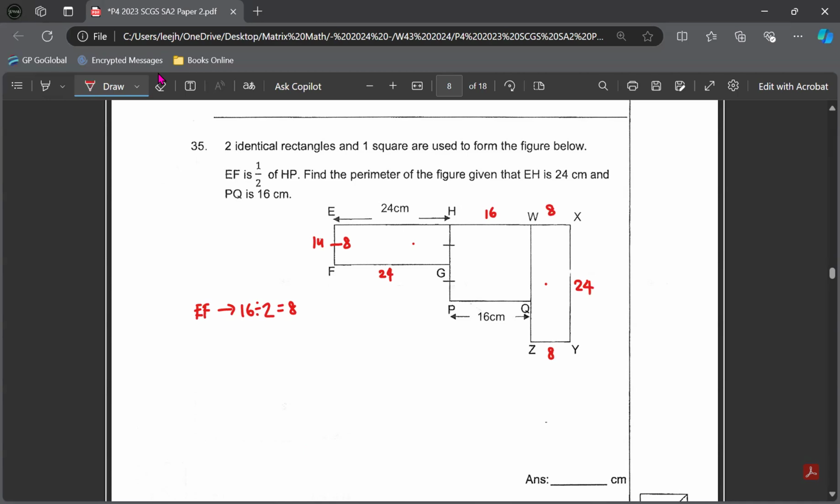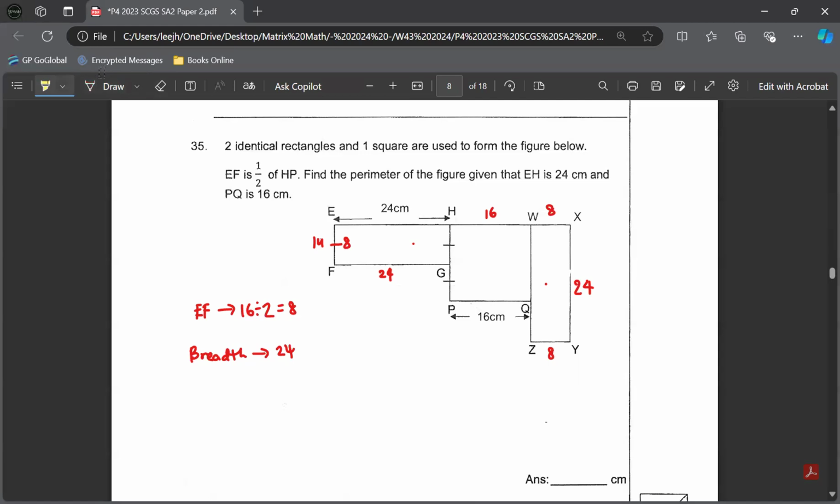This is also 8. Okay, so I want to find out the perimeter. You know this one, you can use push-out perimeter. I can find the length and breadth. The breadth we already know is 24. Then this is the breadth, right? I think I use highlighter better. Yeah, this is 24.